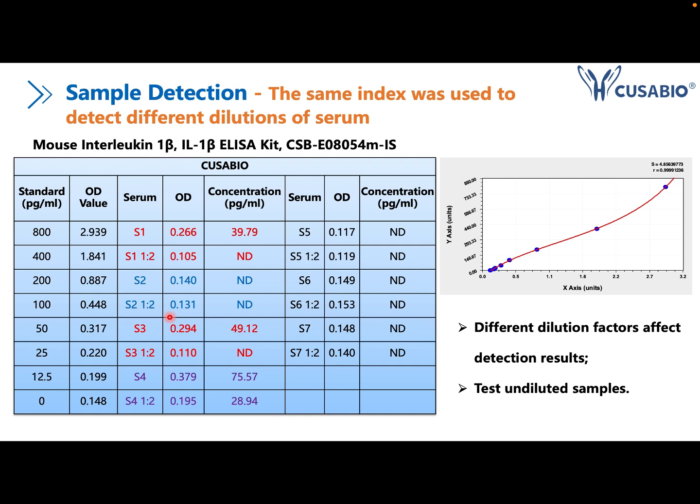So in this case, I will say that the different dilution factors will definitely affect the result. And once you see the two-fold dilution doesn't work well, I will say that testing the undiluted samples will be a very good choice.